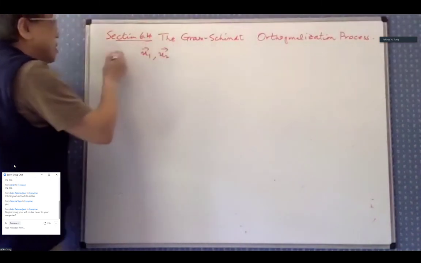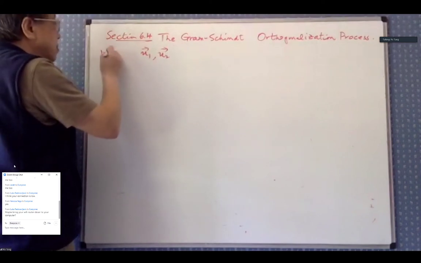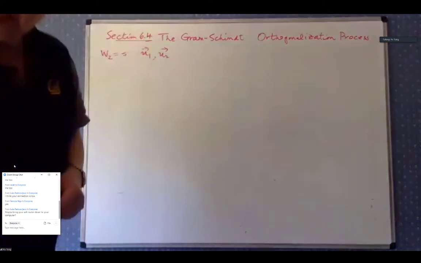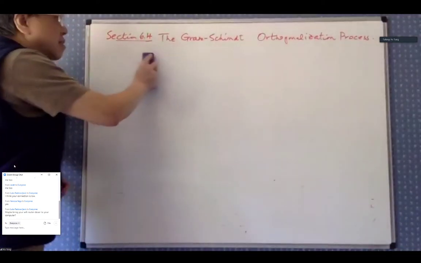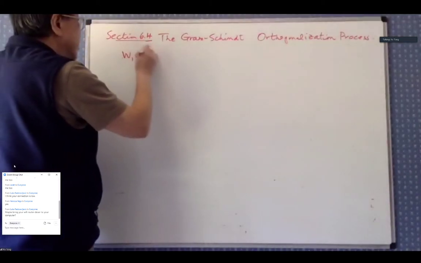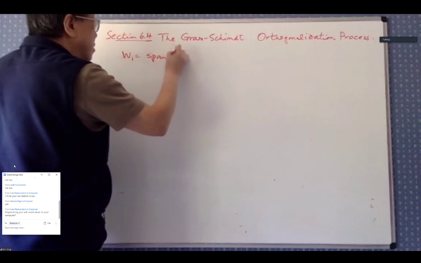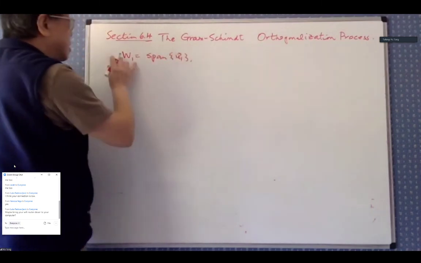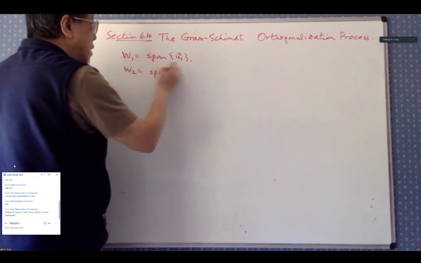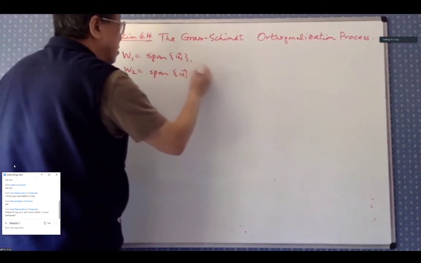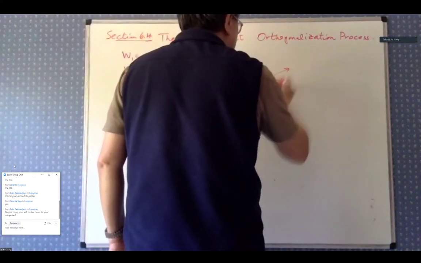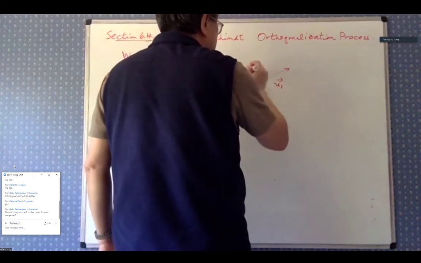Let's say W2 is a span. This is the setting. I'm going to use the general setting. W1 is spanned by U1, and W2 is spanned by U1 and U2. What does this mean? You have U1 here, and let's say you have some U2.